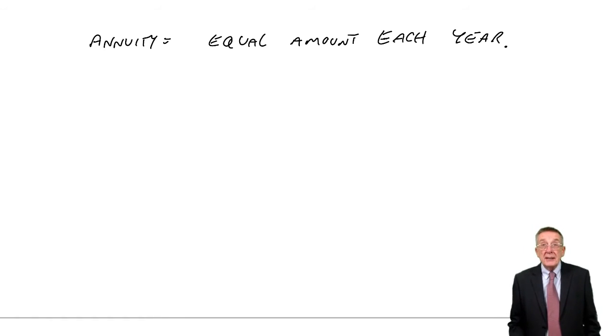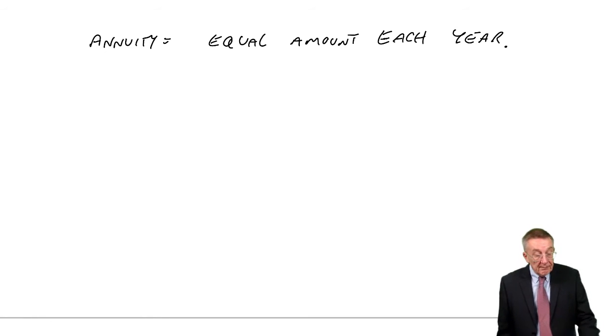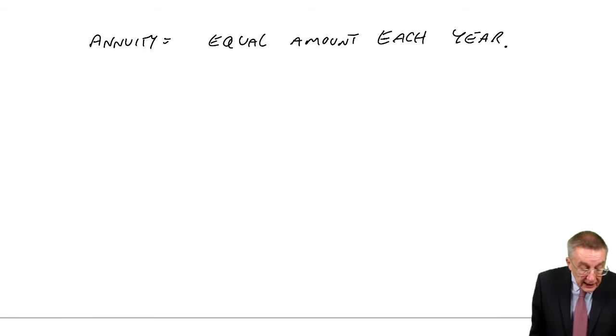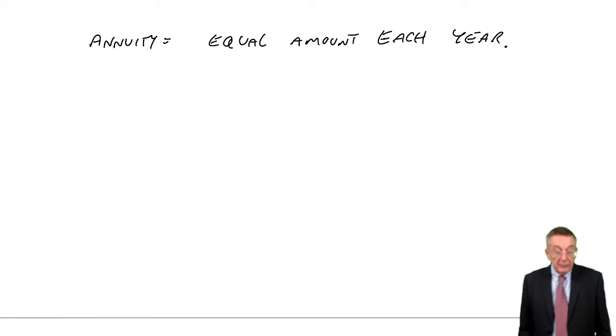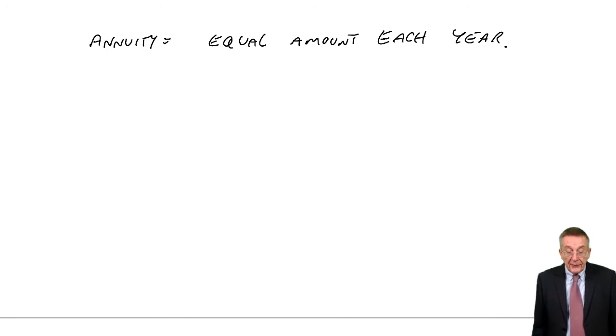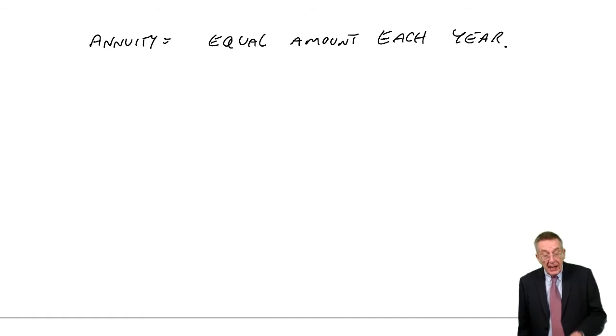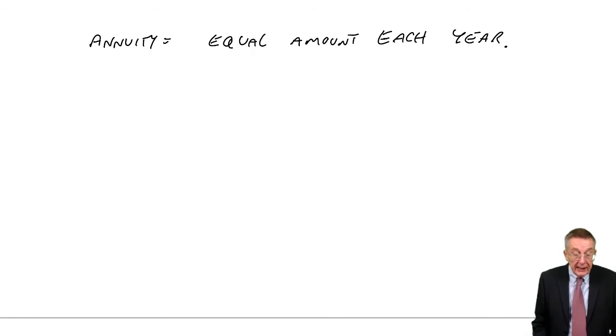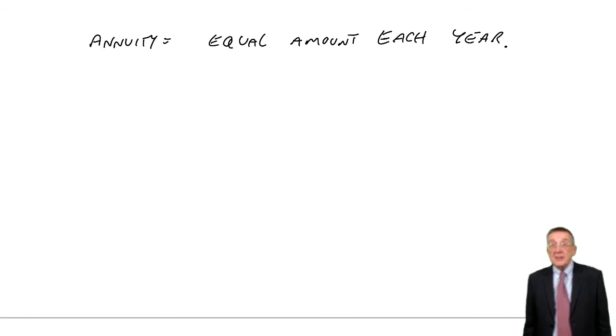To show you exactly what I mean and how we deal with it, look at example 7. It says the interest rate is 12%. It wants to know the present value of 500 receivable in 1 year's time, and thereafter every year for a total of 8 receipts.